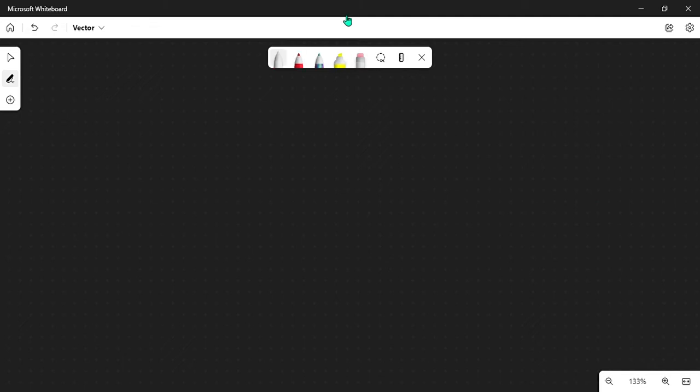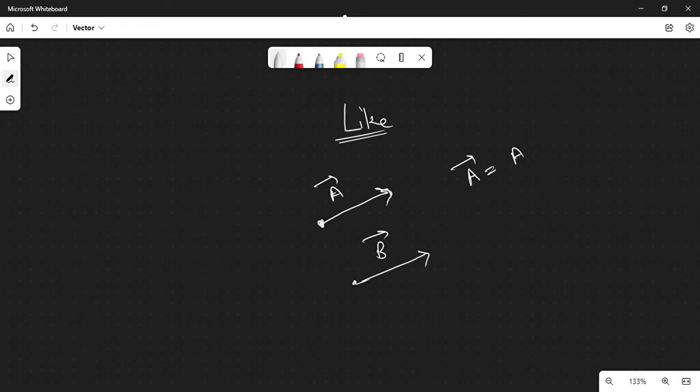Now let's move on to like vectors. What are like vectors? Let's say you have two vectors, vector A and vector B, and the direction of these two vectors, A has a unit vector and some magnitude, let's call that C, and B has a unit vector and some magnitude.